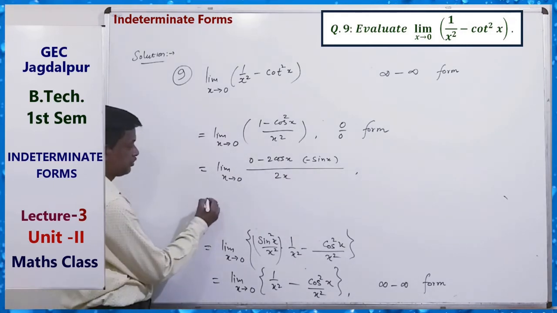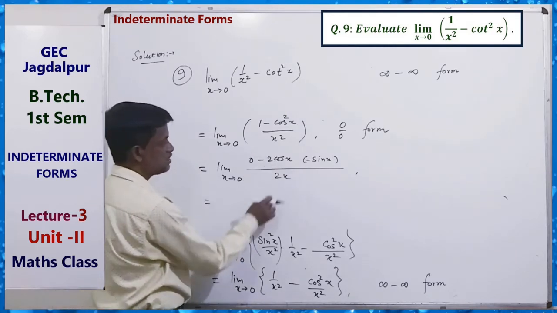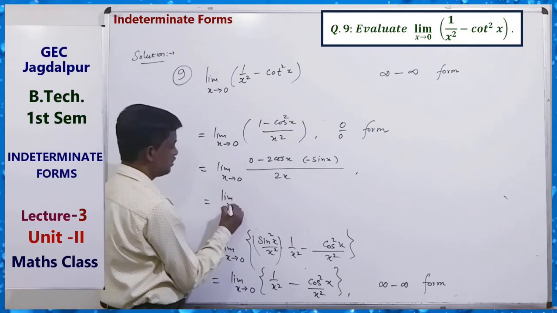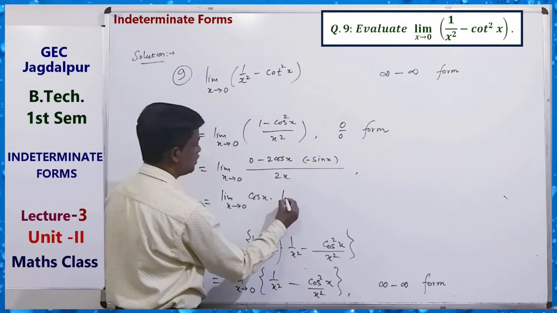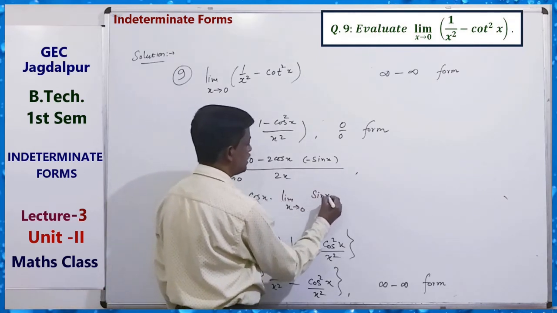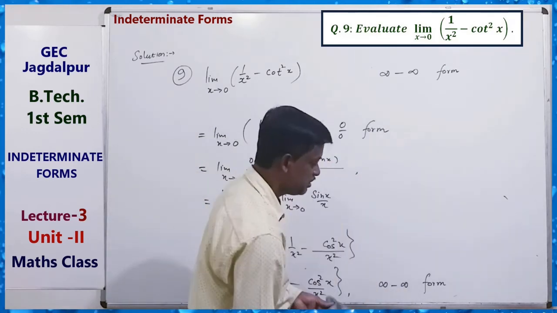So it can be solved easily. 2 cancels, minus minus is plus. So limit x tending to 0 of cos x, times limit x tending to 0 of sin x by x. So what is the limit of this?